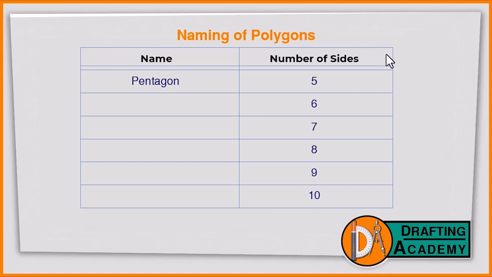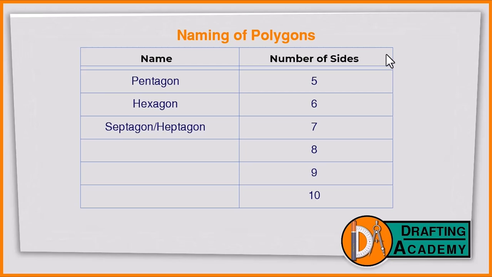For a 6-sided, we use the first part hex. Hexagon is the name of a 6-sided. For 7, we have sept and hept. Each of the two will mean the same, but mostly you find that heptagon is used more often compared to septagon.